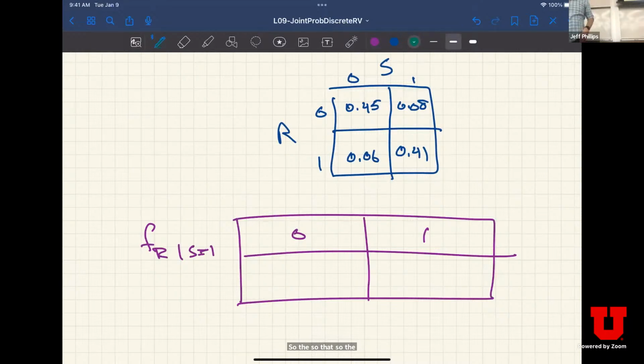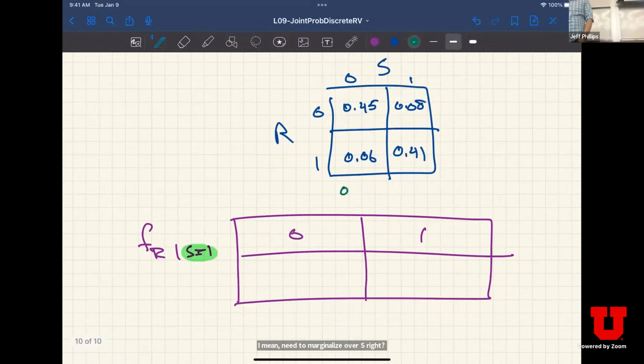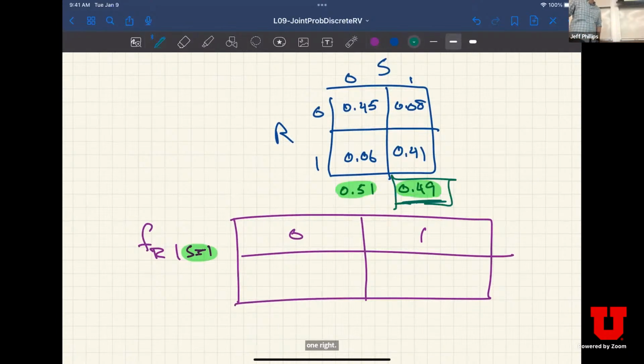I need to marginalize over S, right? So I'm going to need to compute these marginal probabilities: 0.51, 0.49. Those are going to be needed. I only need this one, right? This is the marginal probability that S is equal to 1.